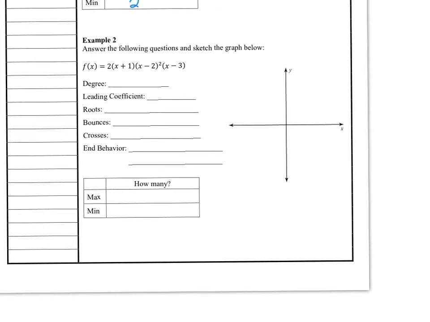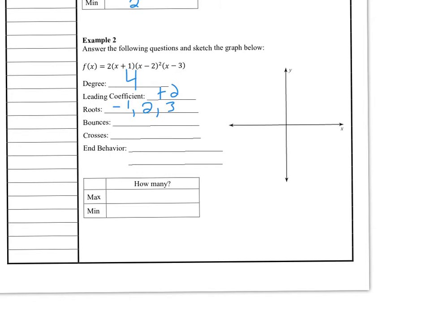Alright, so in this particular problem we have a degree again of 4. We have 1 plus 2 plus the 1 here, which gives us our degree of 4. The leading coefficient is positive 2, and again we care more that it's positive than that it's 2. The roots are at negative 1, at 2, and at 3.